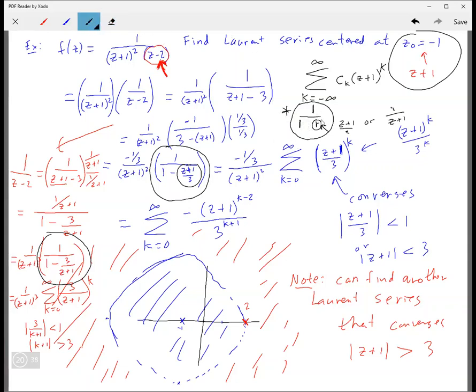This should be a minus. Sorry about that, it should be minus. 1 over 1 minus something. Also, I made another mistake. This doesn't converge when z plus 1 equals 0, because that's right here at this point.